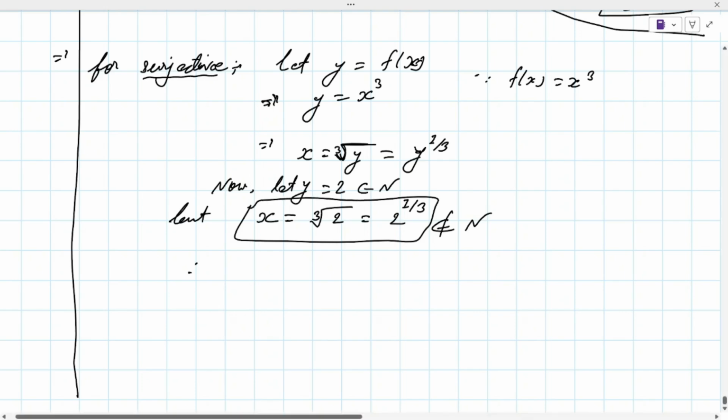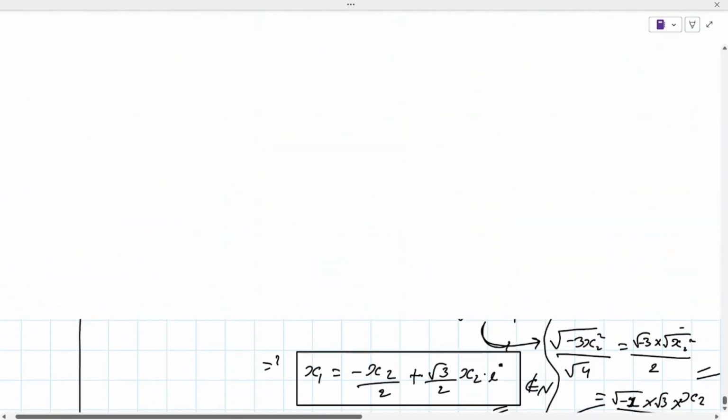Therefore it is not surjective. Is it clear, or any doubt? No doubt, sir. This way we have to solve this question.